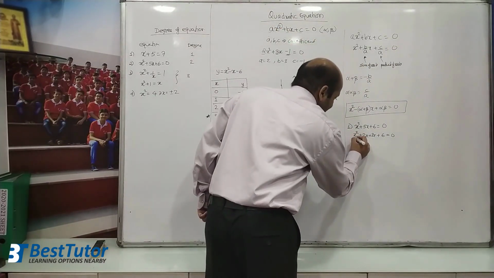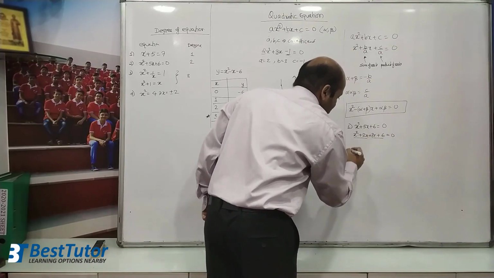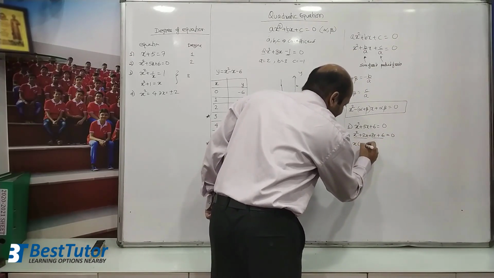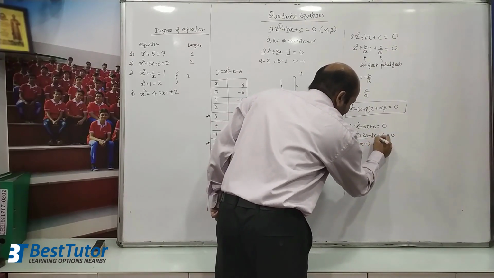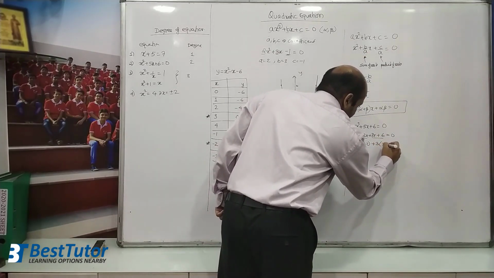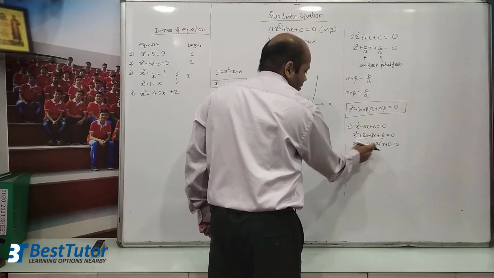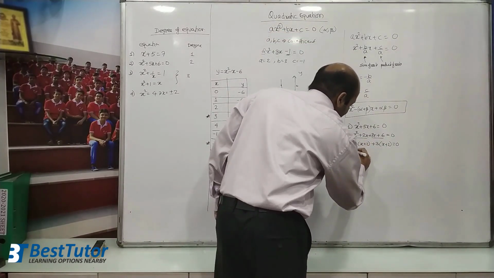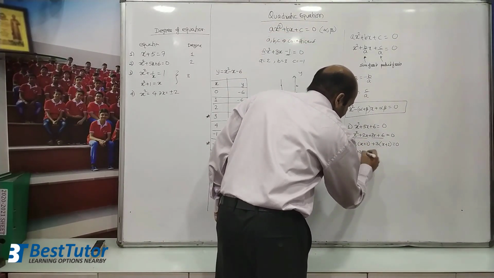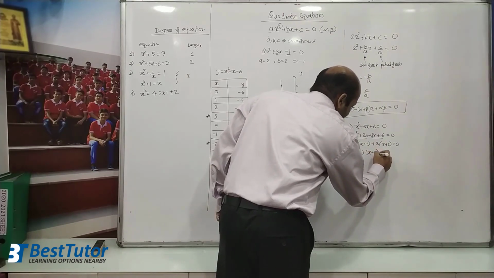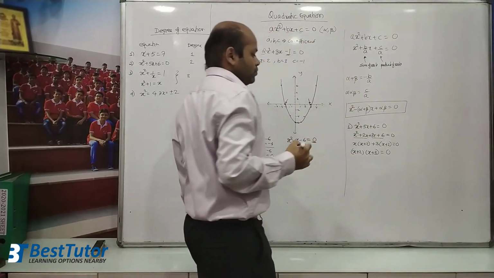Next, I take x common from the first two terms, I get x plus 2. Next, I get 3 common, x plus 2. Now, in both terms there is x plus 2 common. So I take x plus 2 common. What remains? x plus 3 equal to 0.